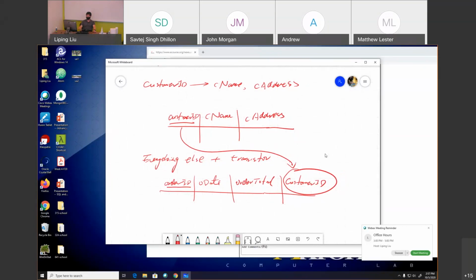Okay, so let's say we have customer ID, customer name, customer address. So in this case, customer name and the customer address are the only two non-key columns. Do they depend on each other? If you know the customer name, can you know the customer address? Of course not.